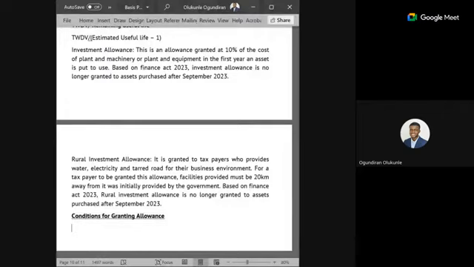Number one, the ownership of the asset must not be in dispute. Another thing is that the assets must be put to use in the year of assessment.